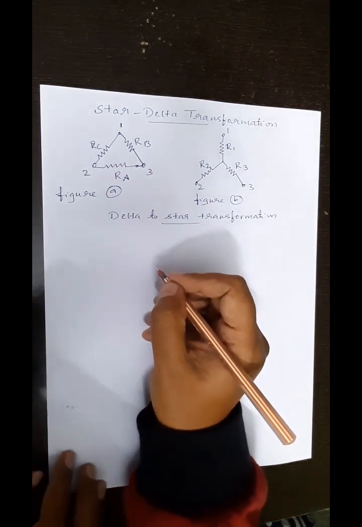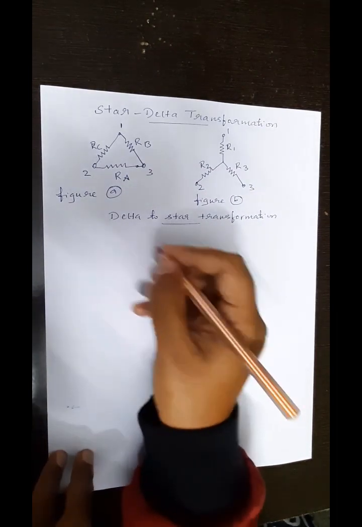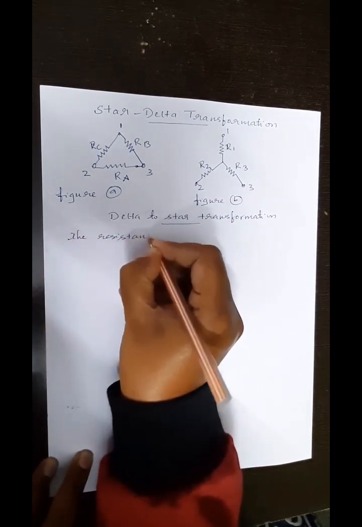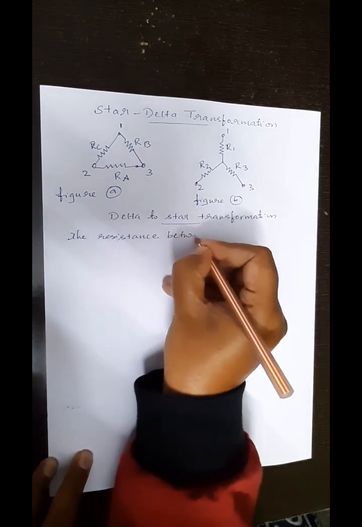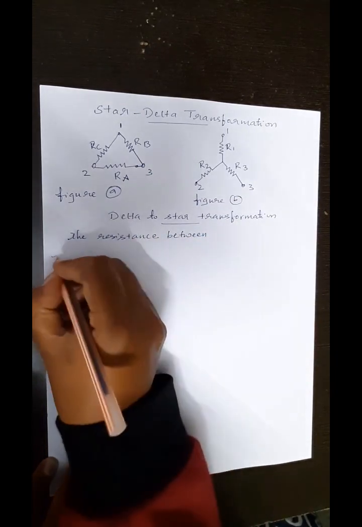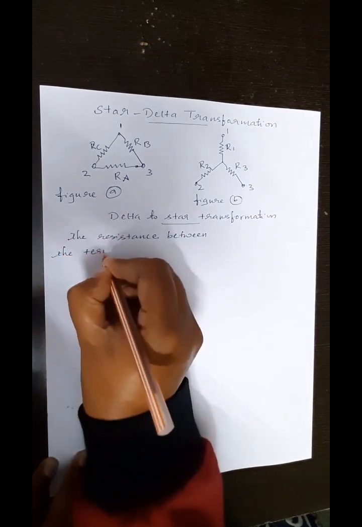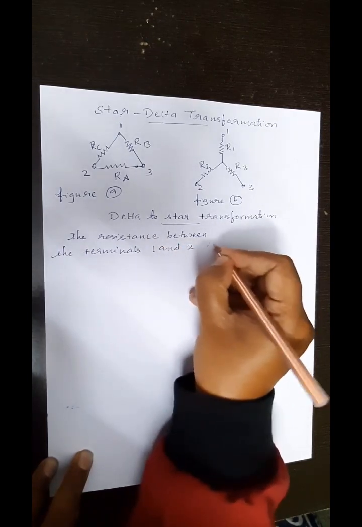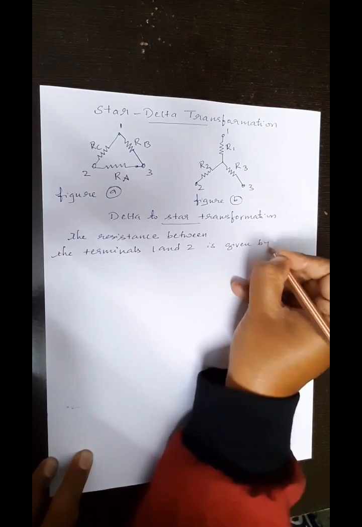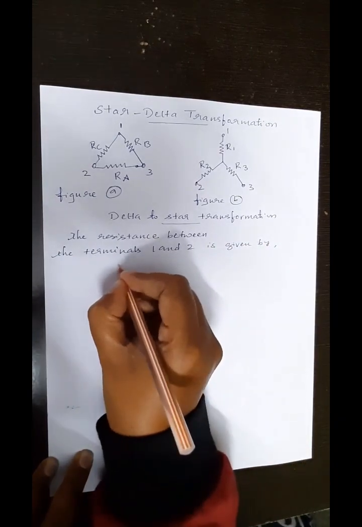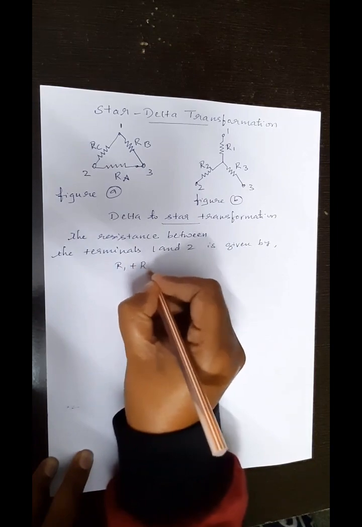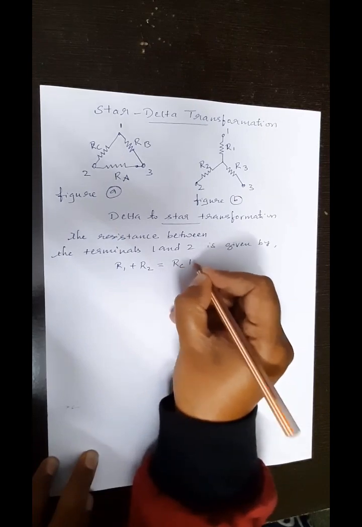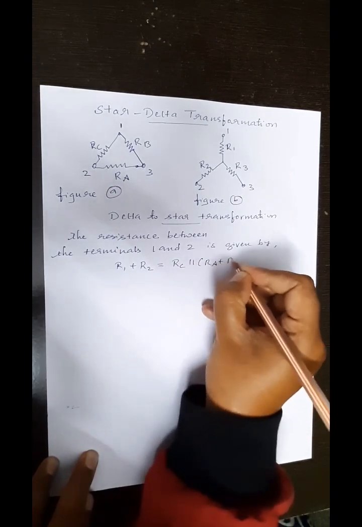Referring to the figure A, the resistance between the terminals 1 and 2 is given by R1 plus R2 which is equal to RC which is in parallel with RA plus RB.